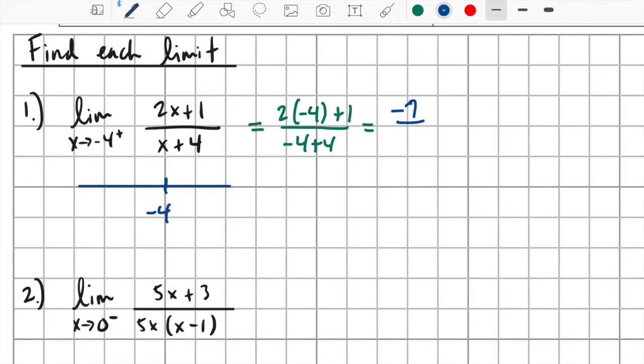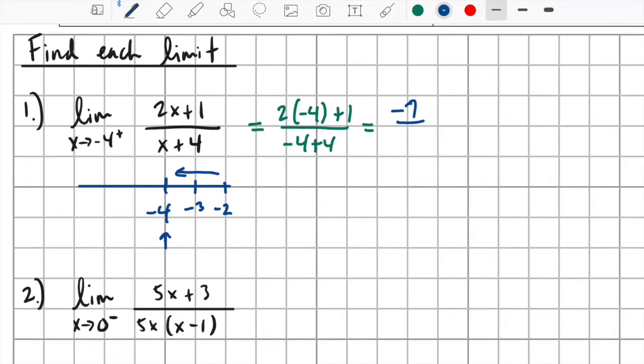So if we are approaching -4 from the right, now remember what other numbers we have over here. We have like -3, -2. But what I want you to focus on is that as we get closer and closer to -4 from the right, what does the denominator become?